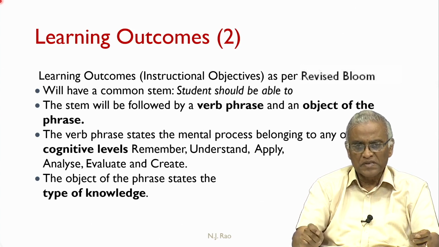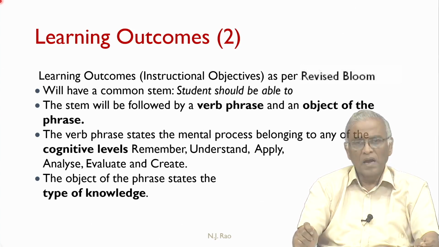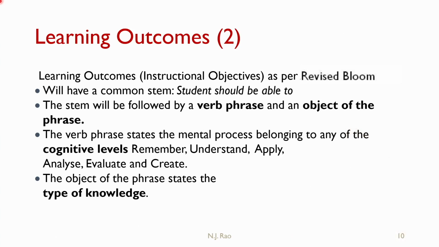It need not be a single verb, it can be a verb phrase and an object of the phrase. What are you acting on? The object of that activity. The verb phrase states the mental process belonging to any of the 6 cognitive levels, and the object of the phrase states the type of knowledge it is acting on. So the revised Bloom have used the words verb phrase, object of the phrase.